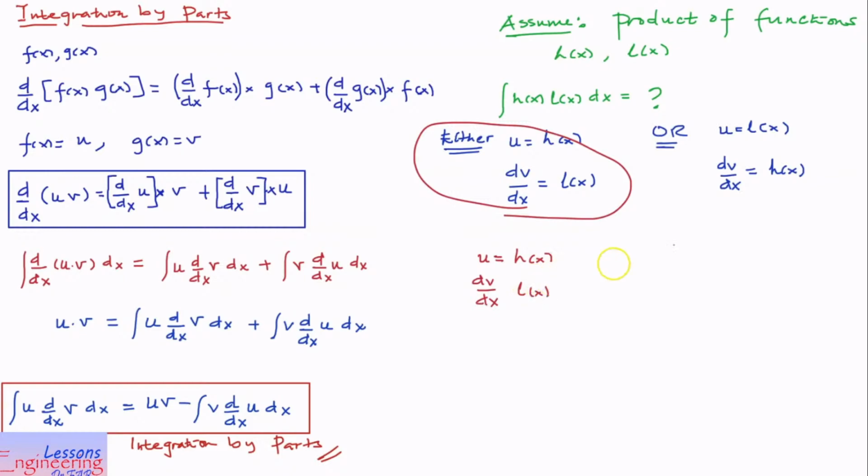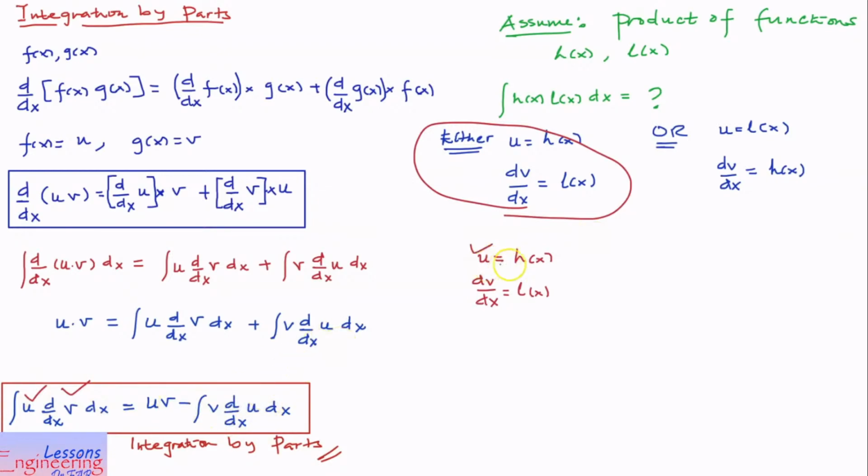So if you look at each of the entries, u is assumed and dv by dx is also assumed to be L of x. Now the rest to find: u is also the same u, v is not yet addressed, and du by dx is also not yet addressed.